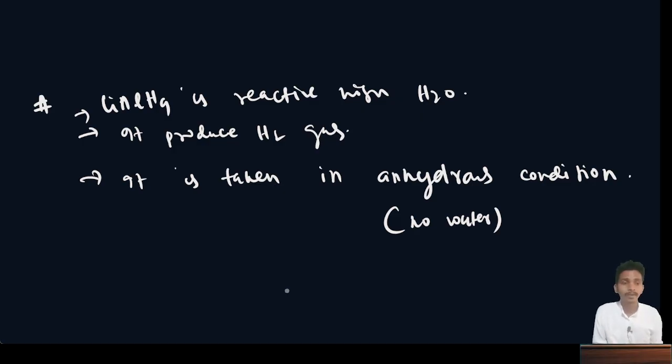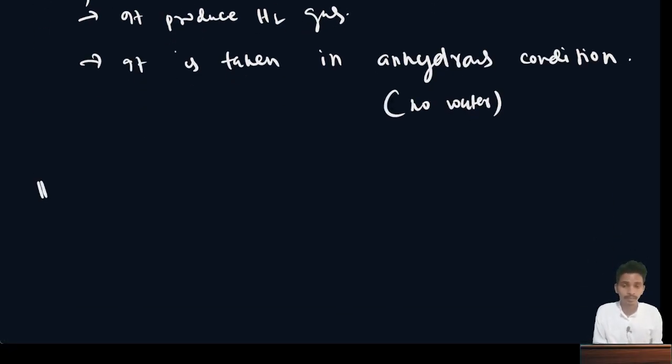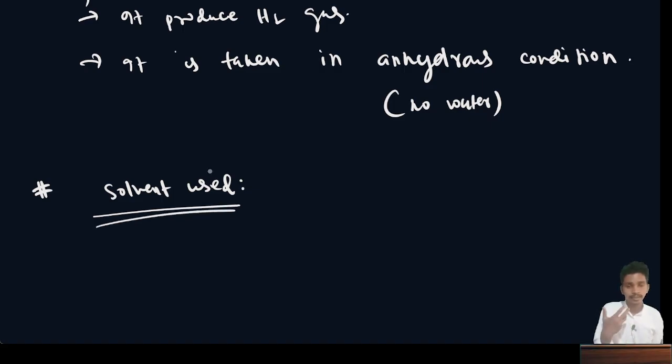Now what type of solvents will you take whenever you are taking lithium aluminum hydride? Solvent used: since this reacts with water, and water is a polar molecule, these polar solvents you will not take.